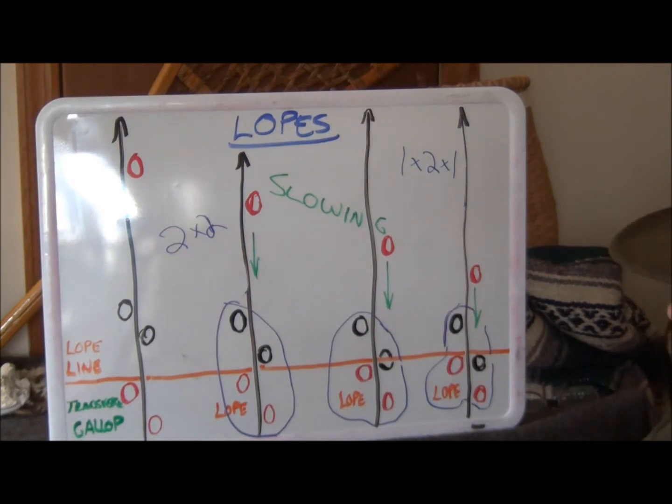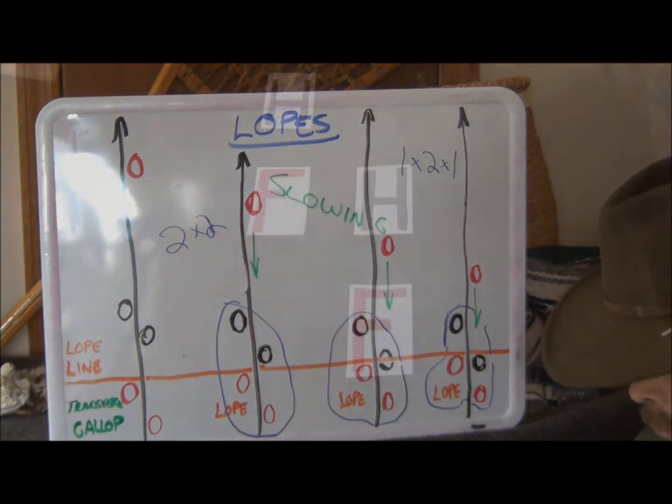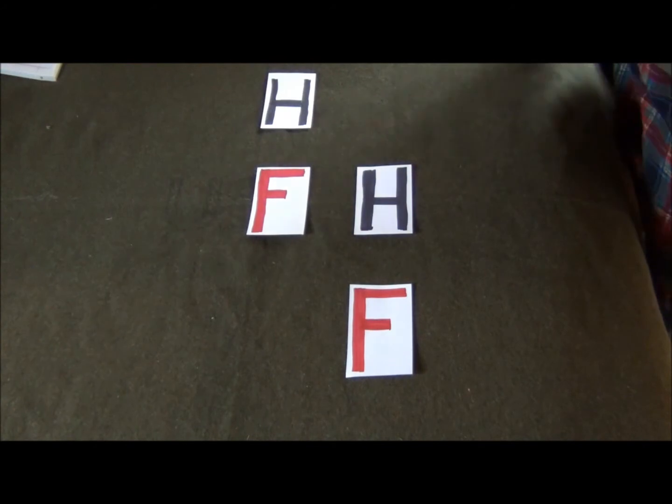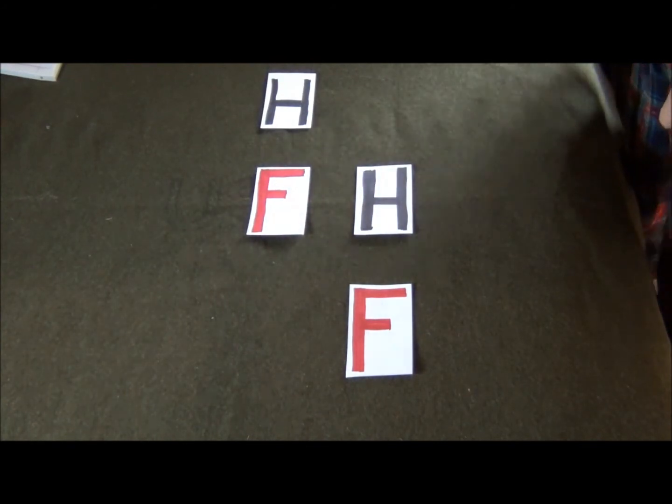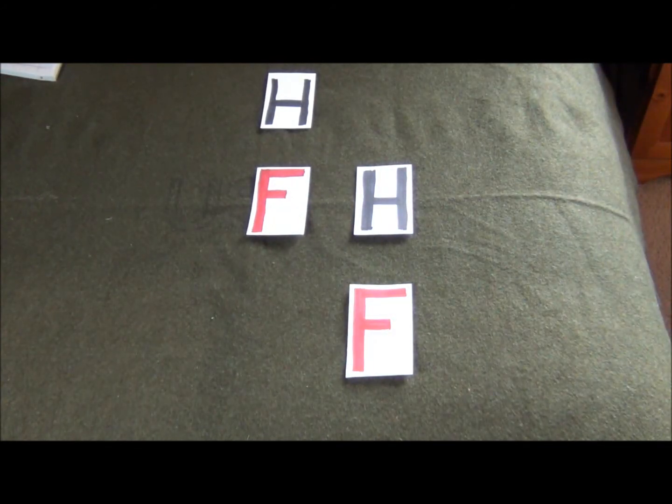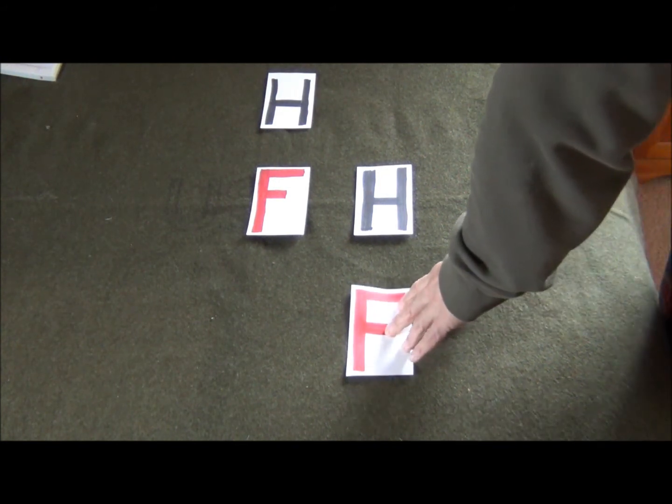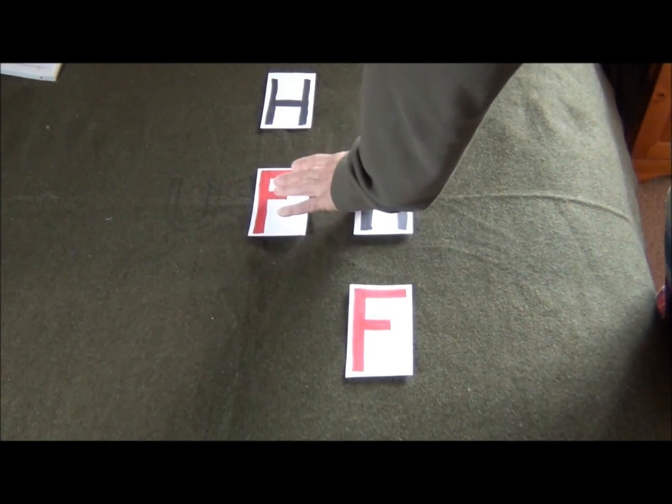So now I can show you these two patterns with the index cards. 1 by 2 by 1. This would be with a right front foot. It is our leading foot. This comes down first, second, third, fourth.